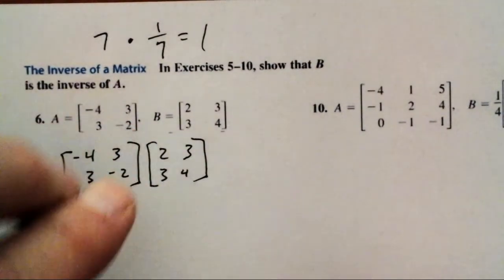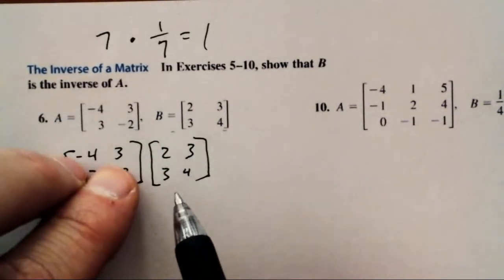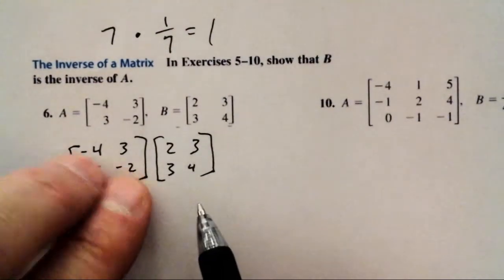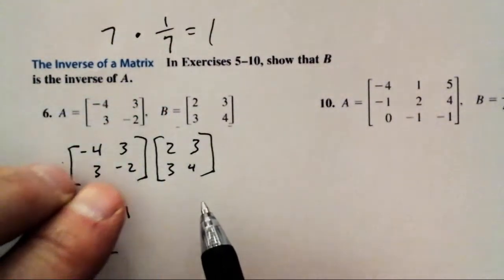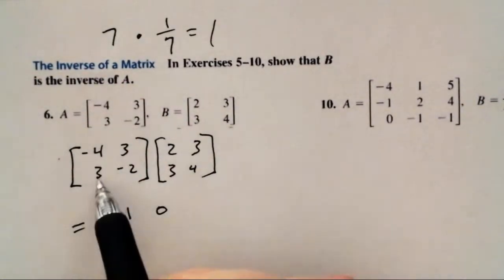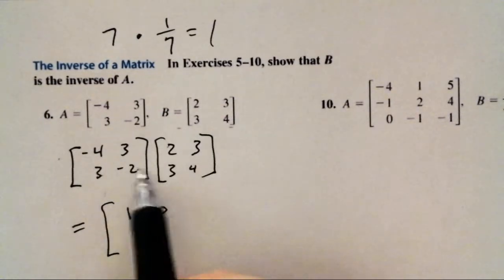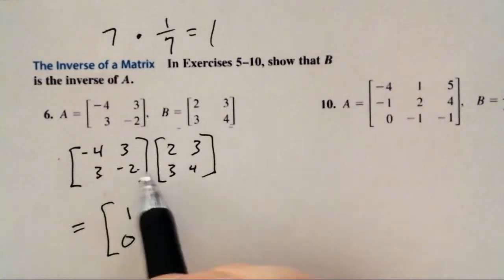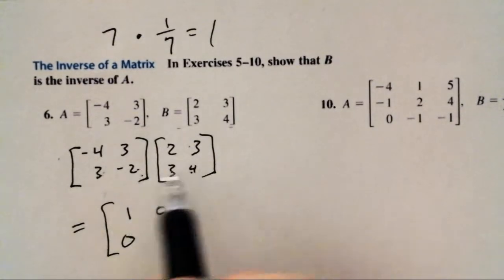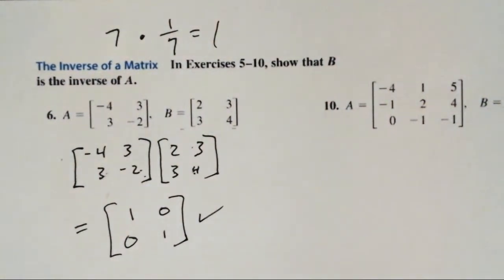First row, first column, I get negative 8 plus 9, 1. First row, second column, I get negative 12 plus 12, 0. Second row, first column, I get 6 and negative 6. Second row, second column, I get 9 and negative 8. And sure enough, they're inverses.